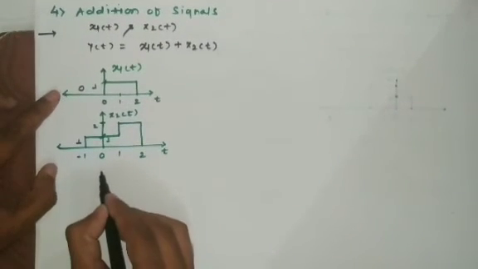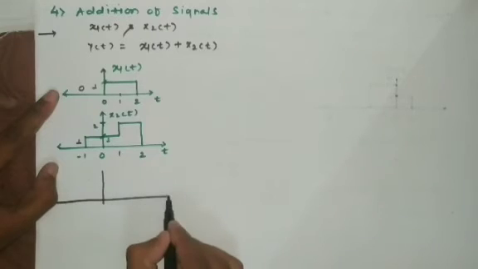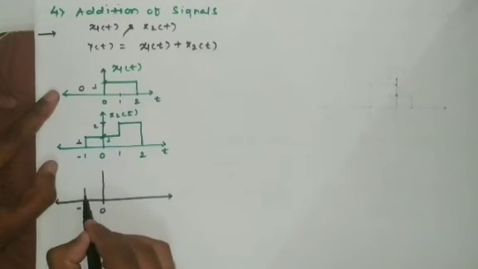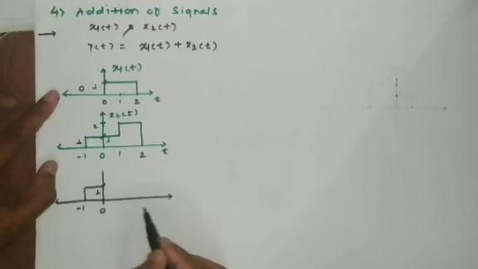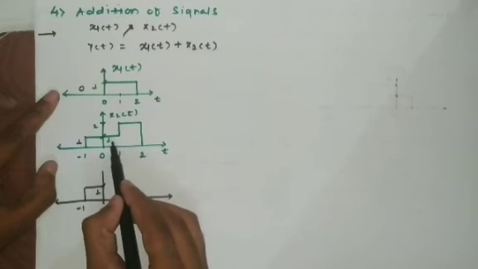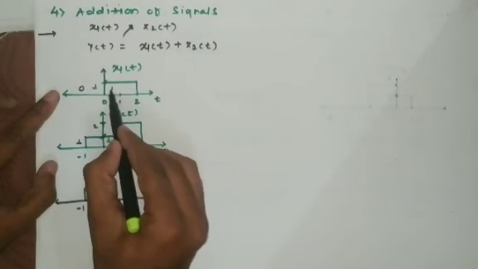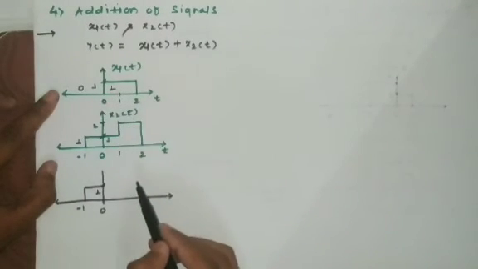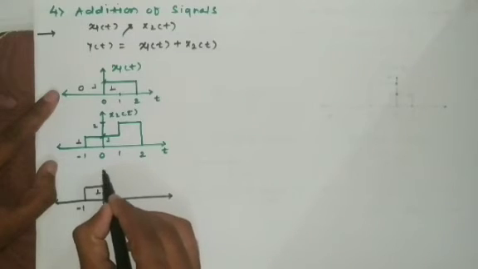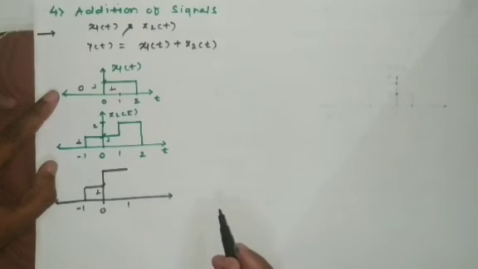That means in the output signal in the range minus 1 to 0, the amplitude is 1. Next, 0 to 1: here the amplitude is 1, and here also the amplitude is 1. So 1 plus 1 is going to be 2. That means for the range 0 to 1, it will rise and have an amplitude of 2.